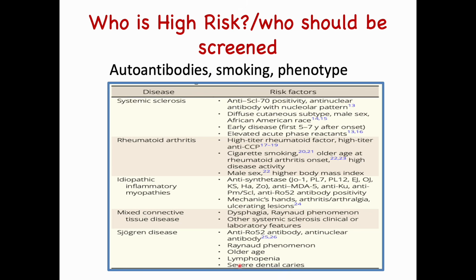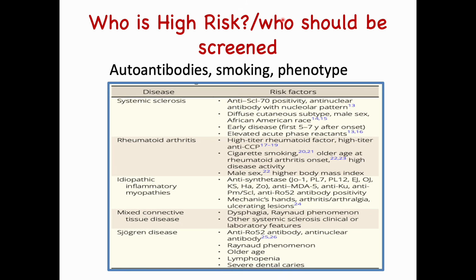Coming to idiopathic inflammatory myopathy, here again specific autoantibodies such as anti-synthase, the Jo1, PL7, PL12 antibodies, anti-MDA5 antibody, and anti-Ro52 antibody positivity have a higher risk of ILD.